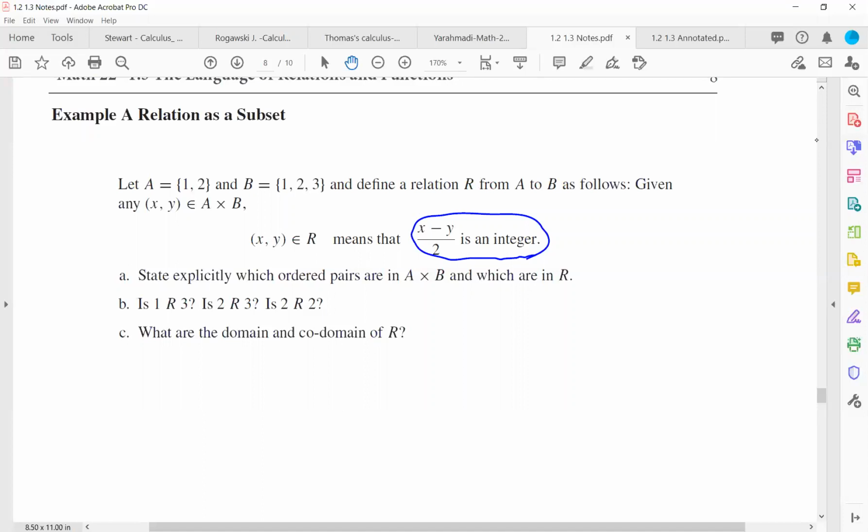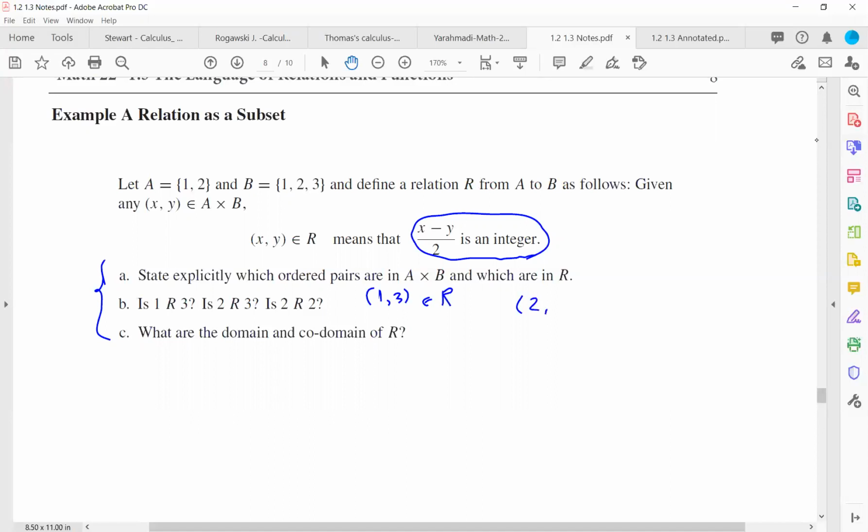Question says, first of all, state which ordered pairs are in cross product of A and B. B says, is 1 related to 3? Is 2 related to 3? Is 2 related to 2? In another word, it says, is 1 and 3 a point in the set R?